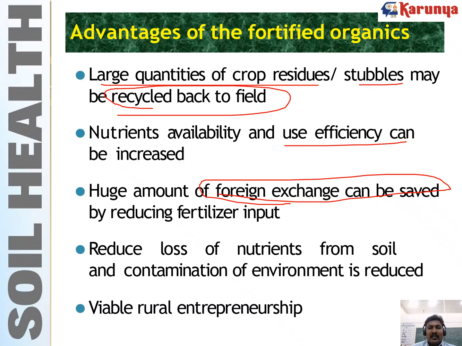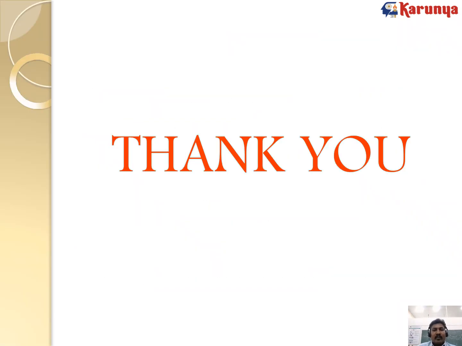We can utilize the traditionally available organic manures in our farm, and reduce loss of nutrients from the soil and contamination of the environment. Since it is an organic source, it will not cause any pollution to the environment, and it will give a job opportunity for rural people as entrepreneurs. Thank you.